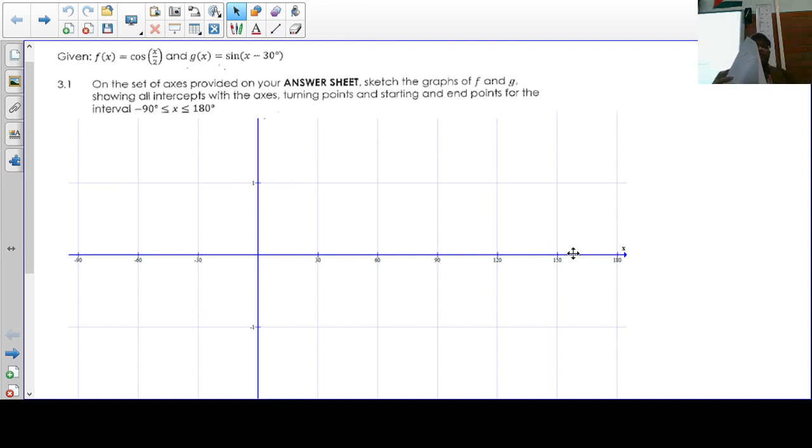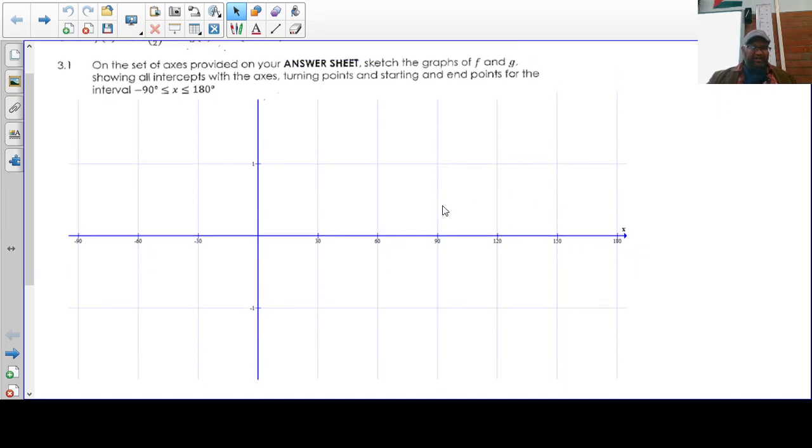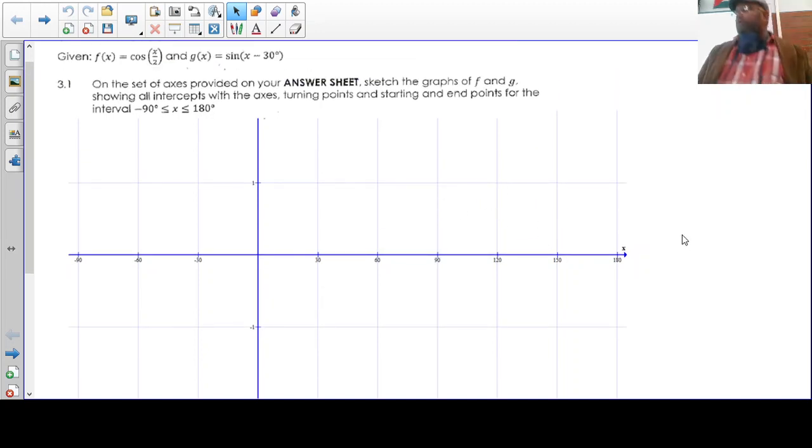Then we are told: on a set of axes provided on your answer sheet, sketch the graph of f and g showing the intercepts with the axes, the turning points, starting and ending points for the interval negative 90 to 180. So on your answer sheet, you had something looking like this, not so? With that information, we can now draw this graph.